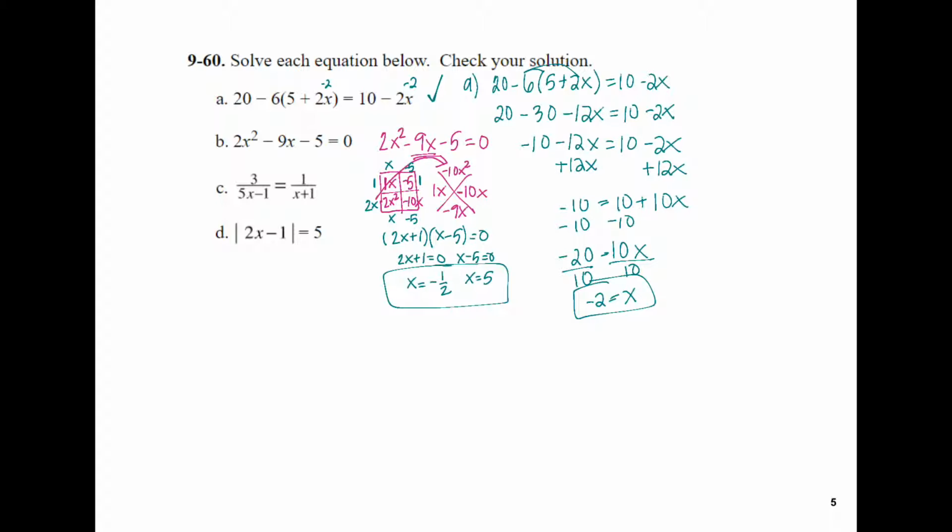When we look at letter C, we have 3 over 5x minus 1 is equal to 1 over x plus 1. We can use inverse operations. The inverse of division is multiplication. Whatever you do to one side, you must do to the other. So a lot of us think of this as cross multiplying.